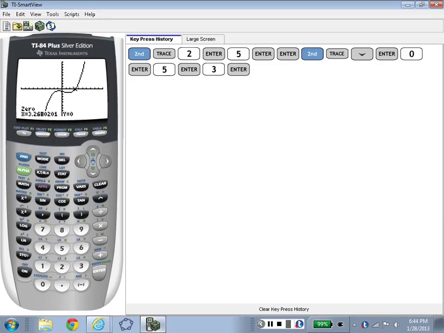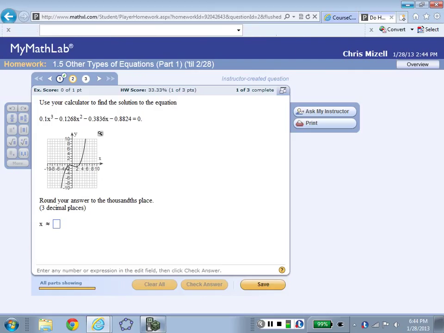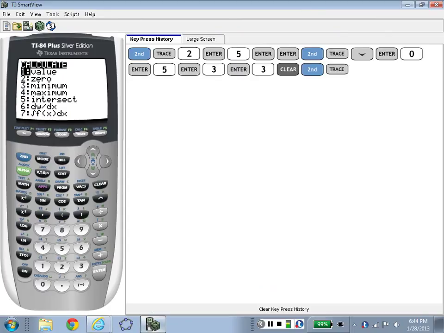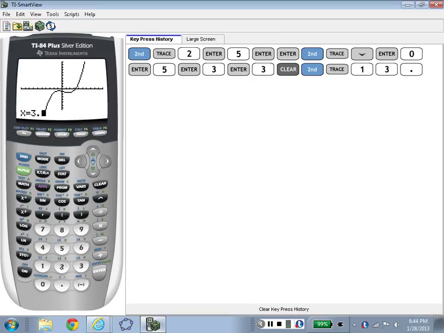Right. Because if I take this number, it would take us a while to check this, but if we take 3.268 and substitute that for x, everywhere we see an x right here, it would give us something pretty close to 0. Not exactly, but really close. To see how close, clear. Second calc, value, I can type in 3.268 and it'll do it for us.